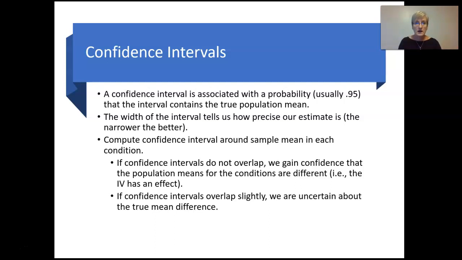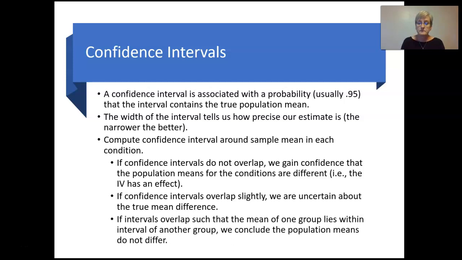The other two groups, I should see divergence. And I want to see that the confidence intervals overlap very little before I can say with confidence, and that's why they're called confidence intervals, that the differences are reliable and that they represent a true mean difference.